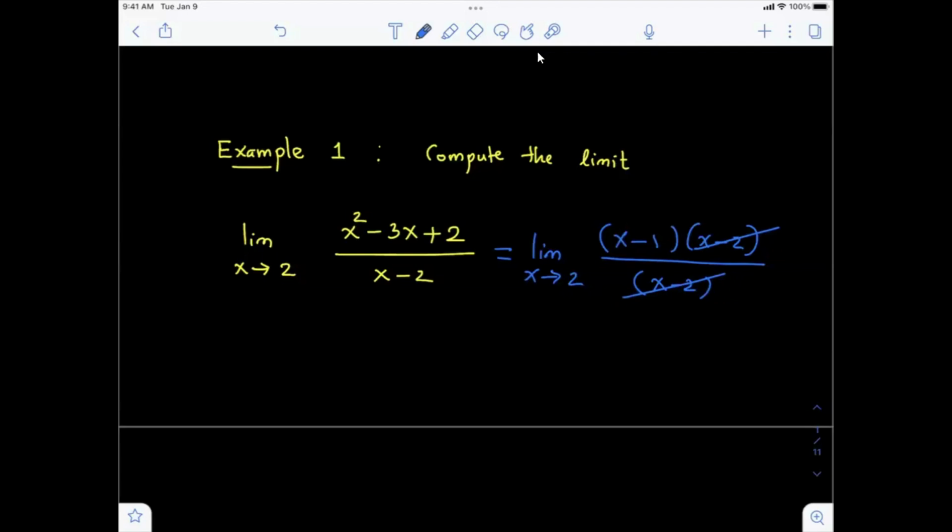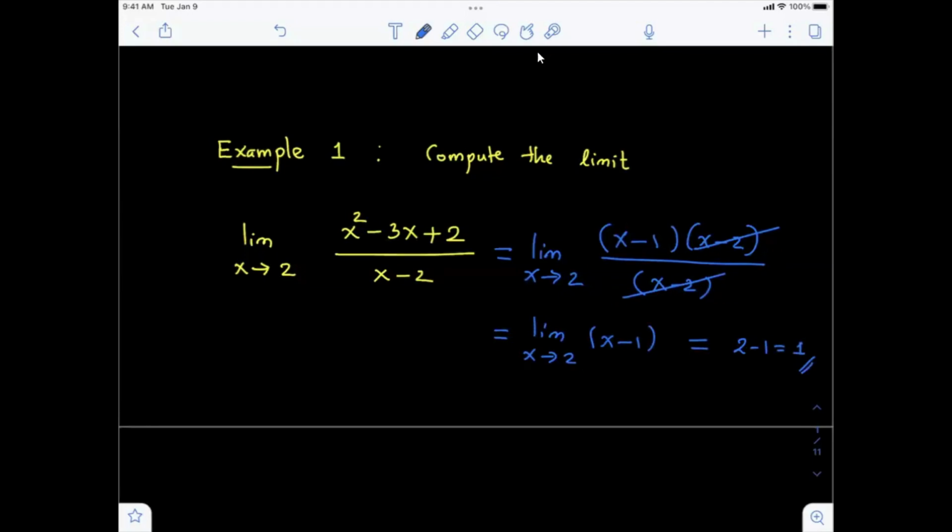Therefore, you got rid of this x minus 2. Now you end up getting a simplified expression where you have the luxury of a direct computation. Once you have it, now you can plug in this value. Once you plug in, you're going to get 2 minus 1, and that's your answer.